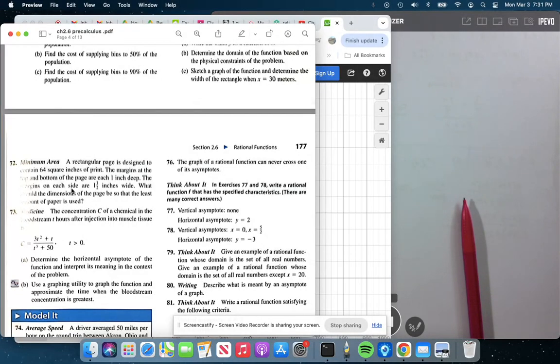A rectangular page is designed to contain 64 square inches of print. The margins at the top and bottom of the page are each 1 inch deep. The margins on each side are 1.5 inches wide. What should the dimensions of the page be so that the least amount of paper is used?